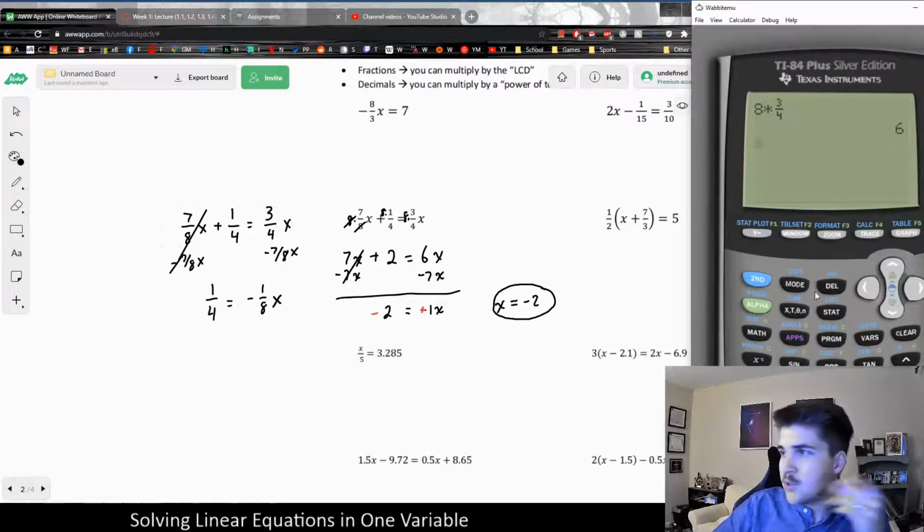Or as I was saying, you could just do this in your calculator by using alpha F1 and doing fractions. So 3/4 minus 7/8. Or I could just use the normal fraction bar like this, which is fine as well. But if you type in the values without fractions, it will express your answer as a decimal instead.